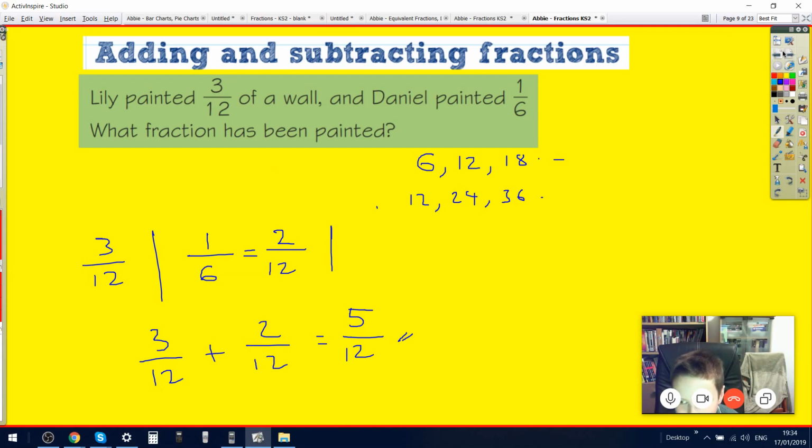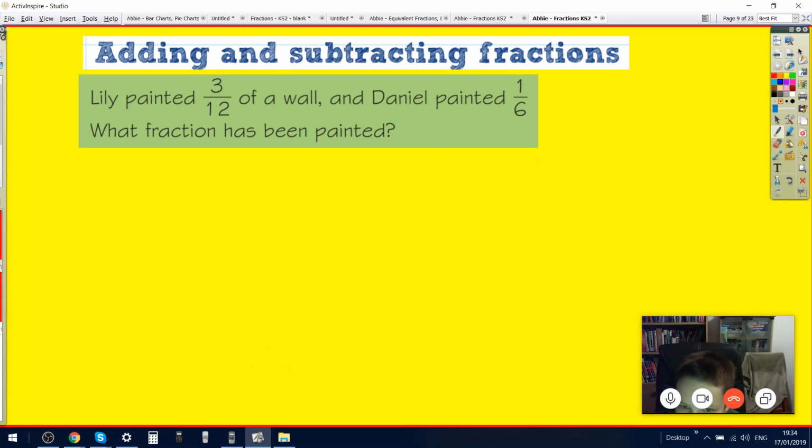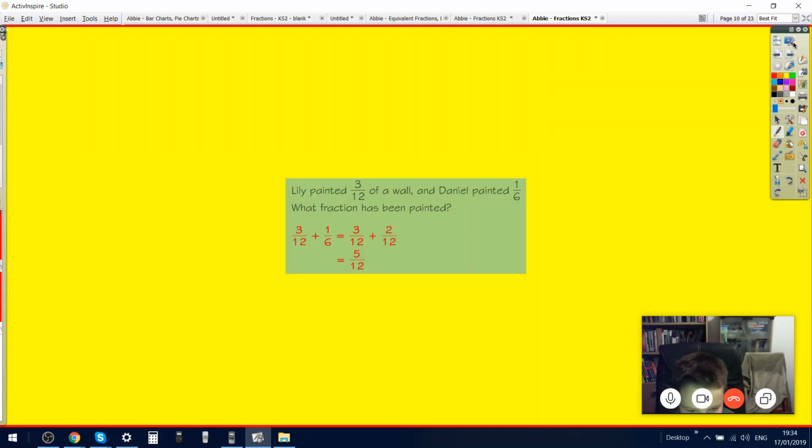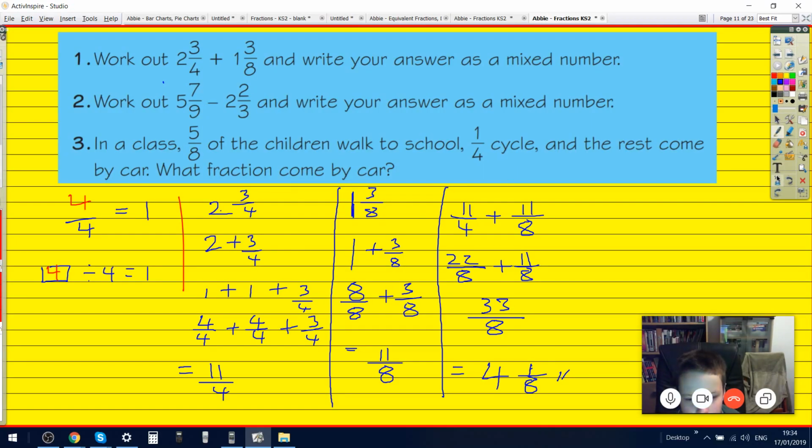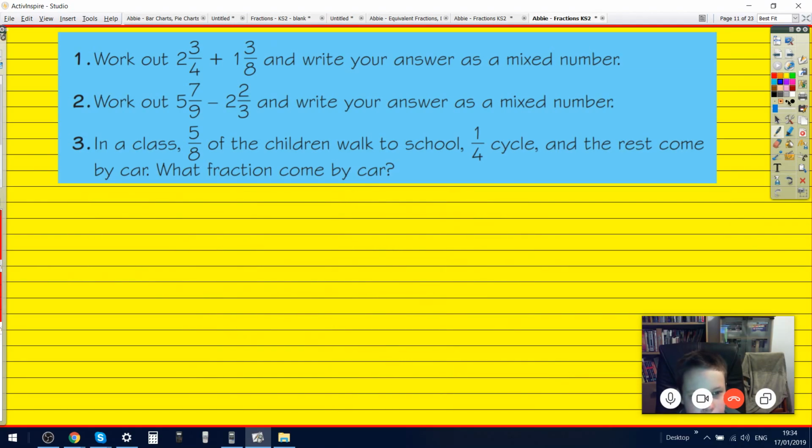Okay. So this is the one I wanted to get to, adding and subtracting fractions. How do you add and subtract fractions?